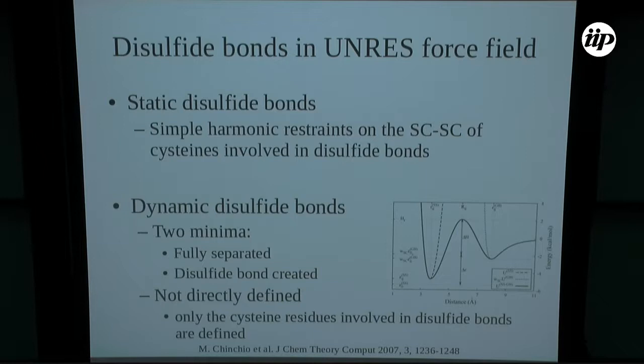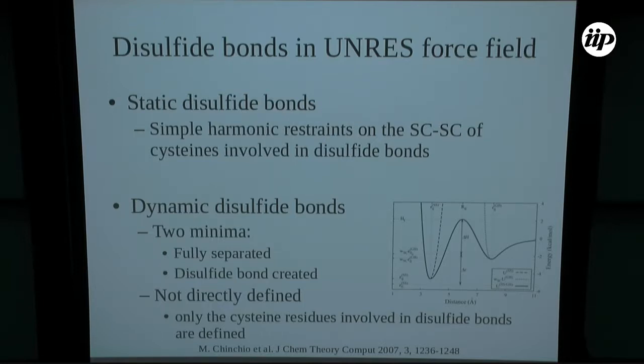Another important thing is that it doesn't consider the vicinity of the disulfide bond. We treat all disulfide bonds as possible to form, and I would like to stress here that we don't assume a priori which pairs should form and which not. All possibilities can be formed.